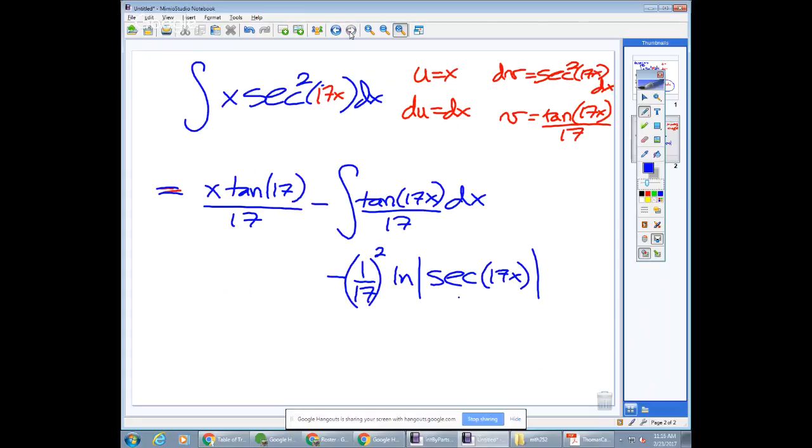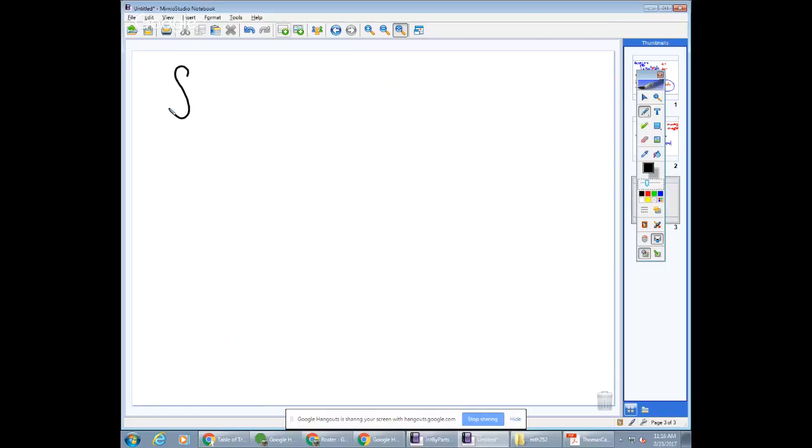So putting it all together, let's try it in black. You guys help me out on a new page, see if I can get it all together. We started off with the integral of x tangent squared of 17x dx, and we still have to deal with the 0 to pi over 51.